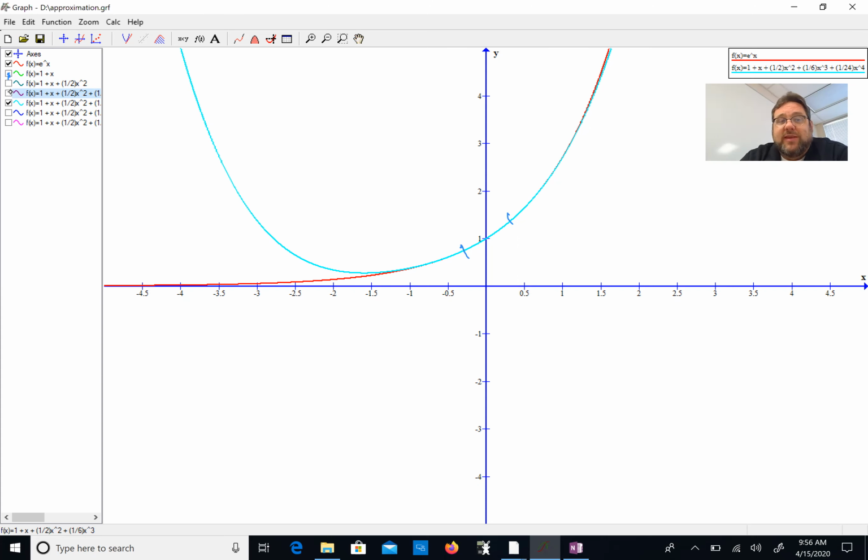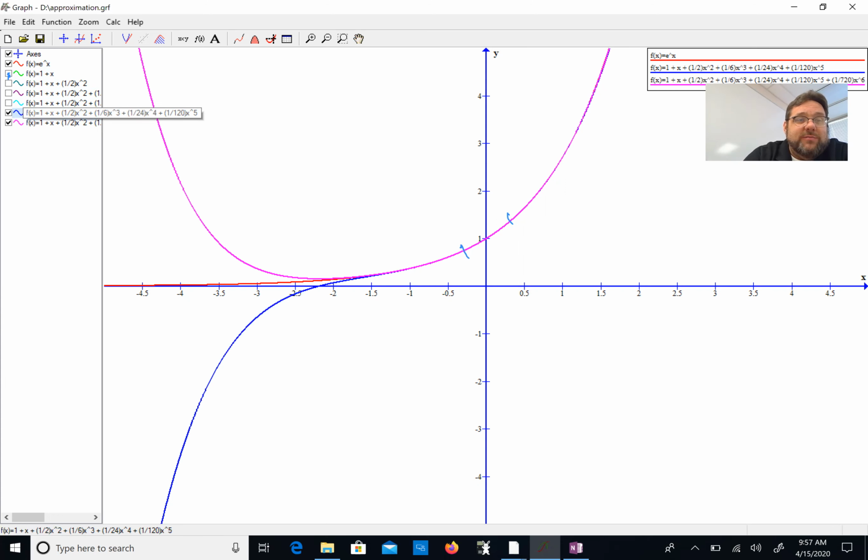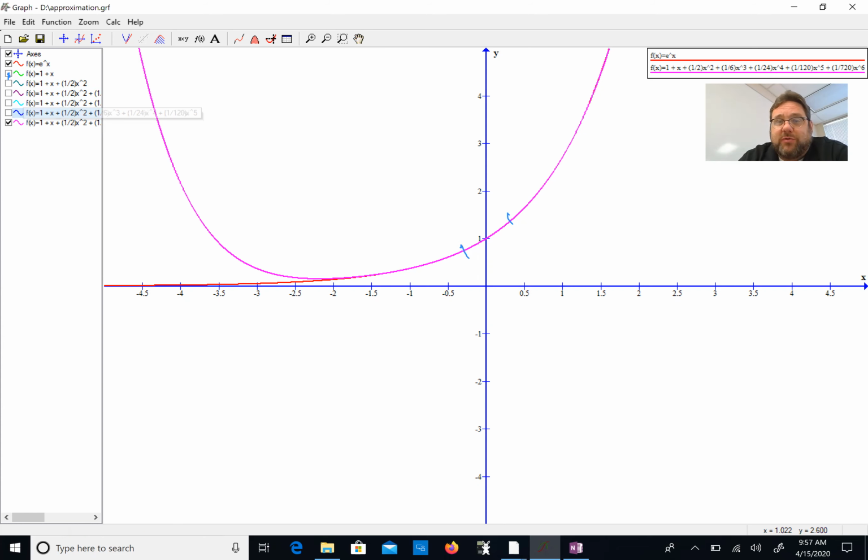And you can see that it's really just very close. And then if we go to fifth degree, it's even closer. We're getting pretty much on the top right, we're perfect. And then as we get down to about 1.5, and then so we go to the sixth degree, I believe. Yeah. Sixth degree, we are almost perfect from -2 up to something on the right side.